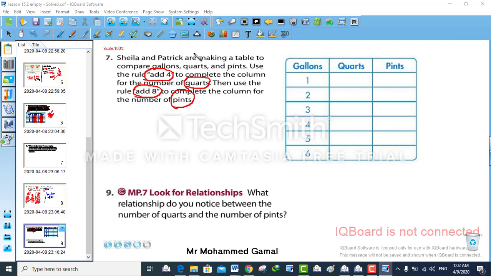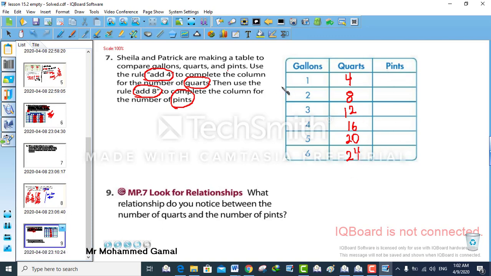In question 7, he's asking us to add 4 to complete the number of quarts. So I'm going to add 4 here. 4 and 4, 8. Then add 4, 12. Add 4, 16. Add 4, 20. Add 4, 24. Now for pence, add 8.